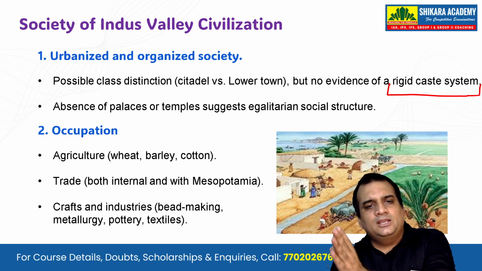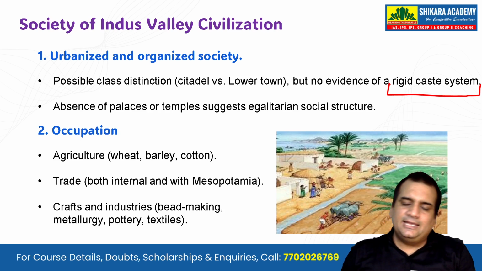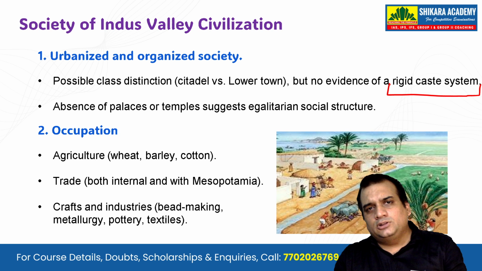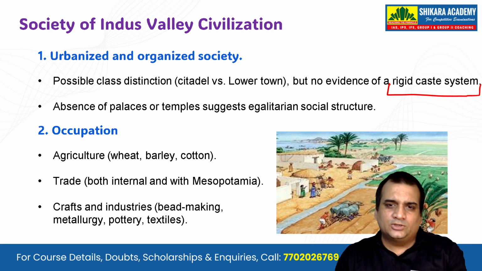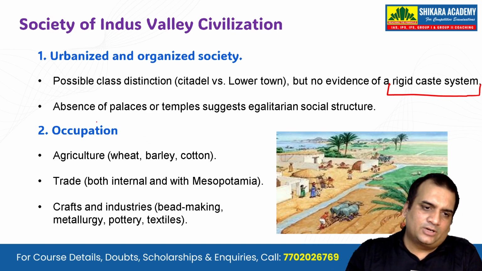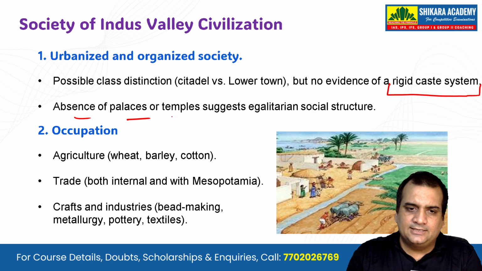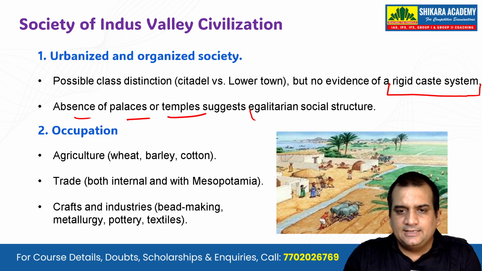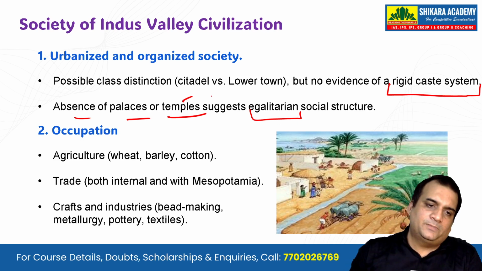It came a bit later, and in any case it was not on the basis of birth, rather it was on the basis of the work you were doing. Anyways, that's for another day for us to discuss. Absence of palaces or temples suggests egalitarian social structure. Again, please remember there were no temples found.